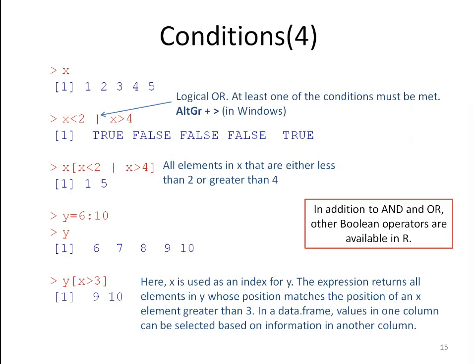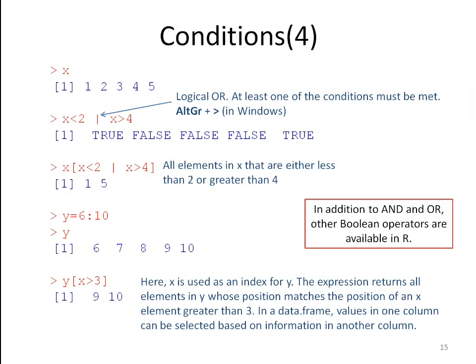And as you can see, the full condition here is X is less than 2 or X is greater than 4. And you get true, false, false, false, true, because 1 is less than 2, and 2 is not less than 2, and it's not greater than 4, so the full condition gives a false.